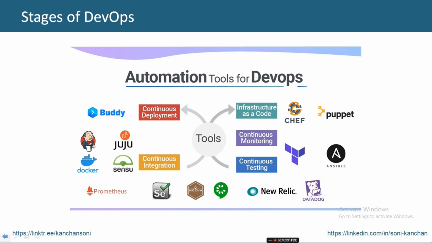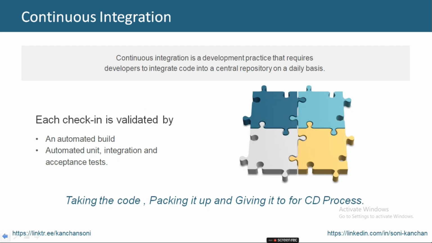where Jenkins comes in DevOps. So as we have just read about stages of DevOps, one stage we have seen is continuous integration. This is the high level overview of DevOps, just to give you a brief idea.